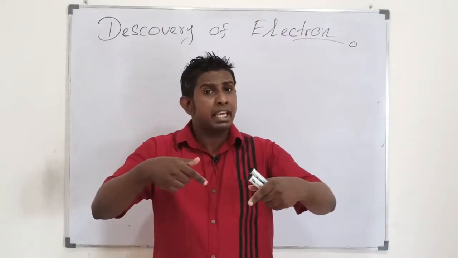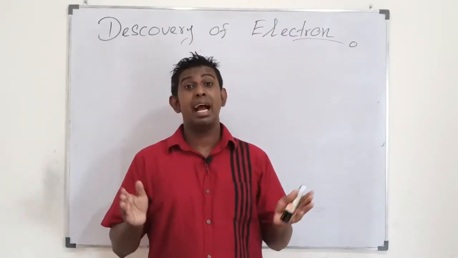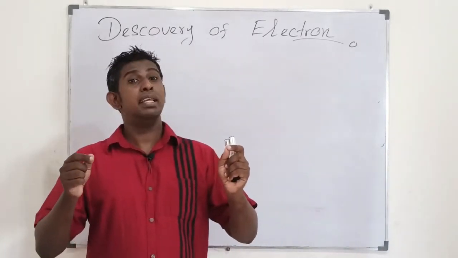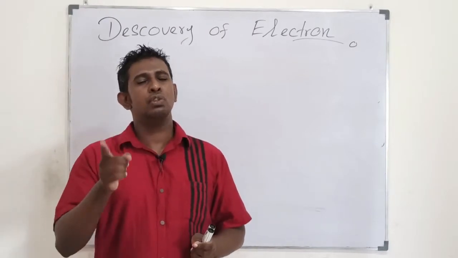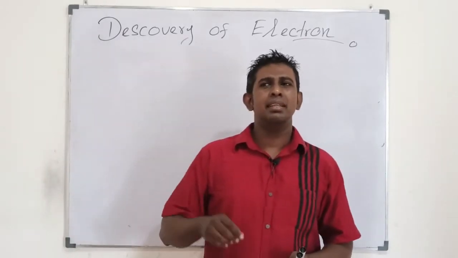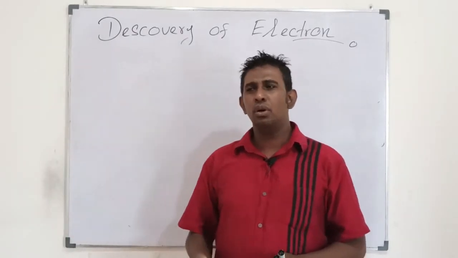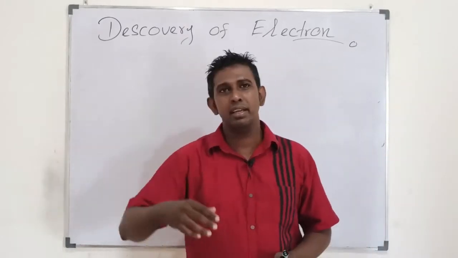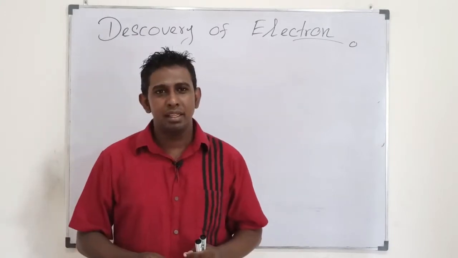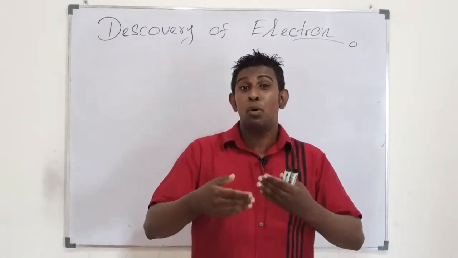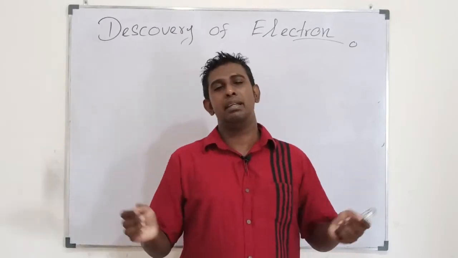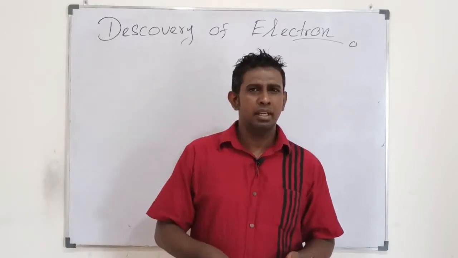Okay students, next he wanted to check whether these cathode rays are carrying a charge or not. He thought that if these cathode rays have a charge, they would respond to an electric field as well as a magnetic field. So when you have cathode rays traveling and expose an electric field perpendicular to that, there would be a deviation of the cathode rays' path.